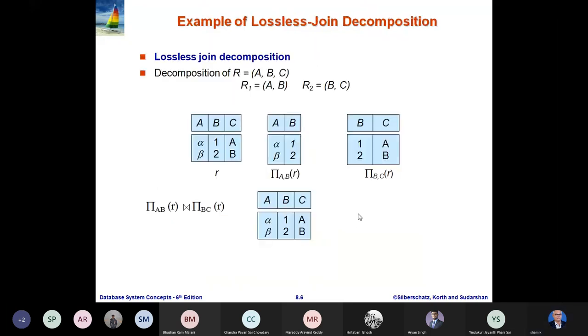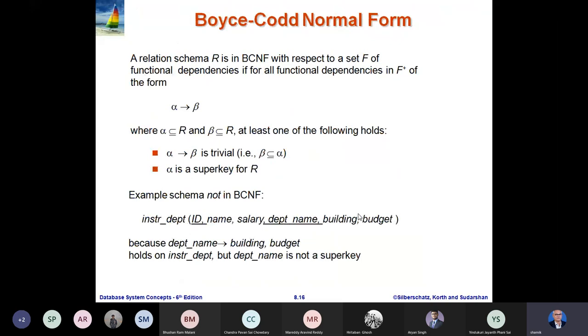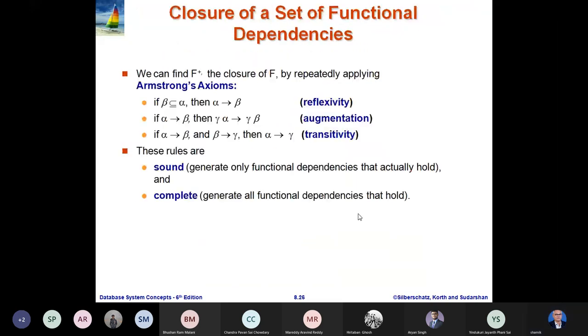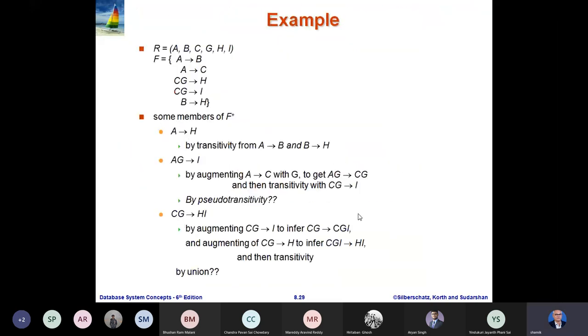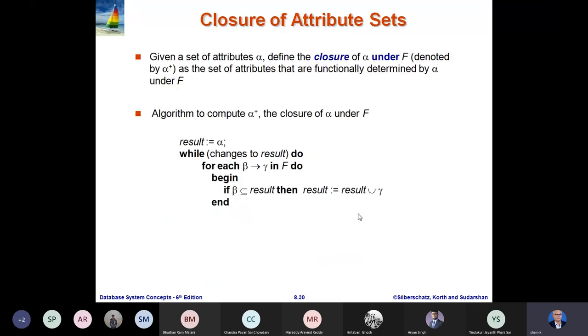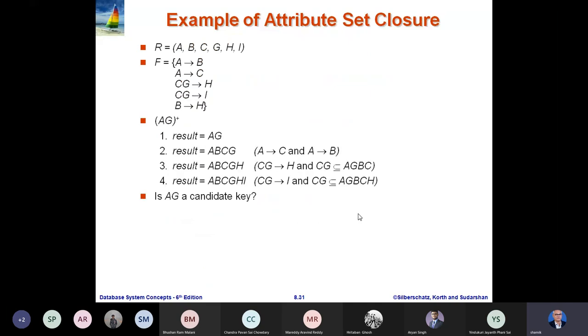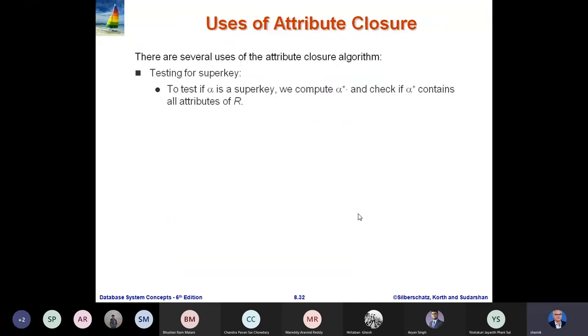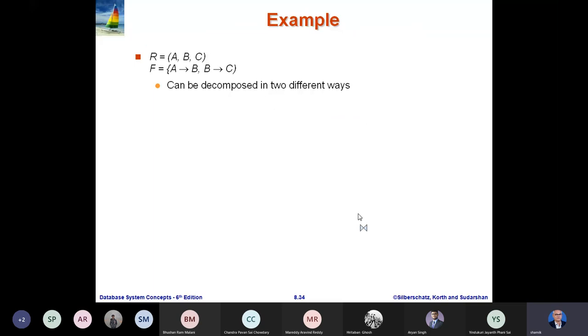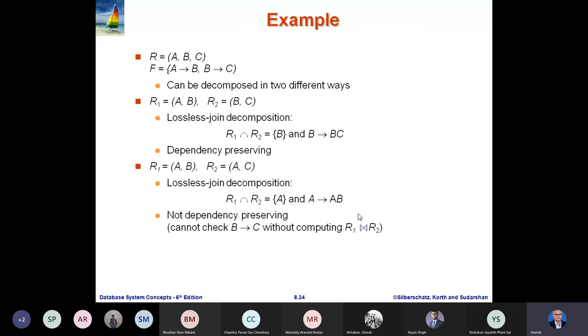But if we have schemas where there are so many FDs and you do not know what is what, you cannot just go by intuition. You need to actually follow this formalism, and we can figure out whether it is going to be a lossy decomposition or a dependency preserving one.